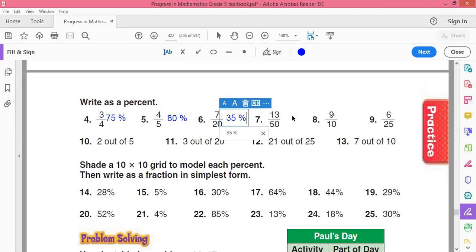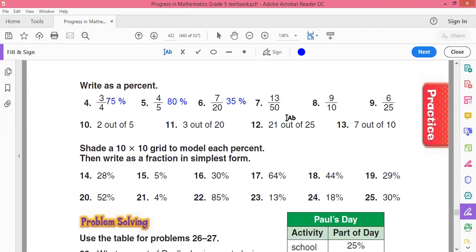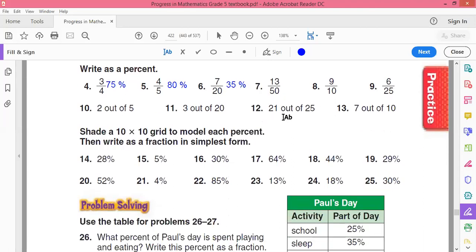Now, Abdul Mohsin. Yes. Question number 7. 13/50. We multiply with 2. Okay. Tell me.